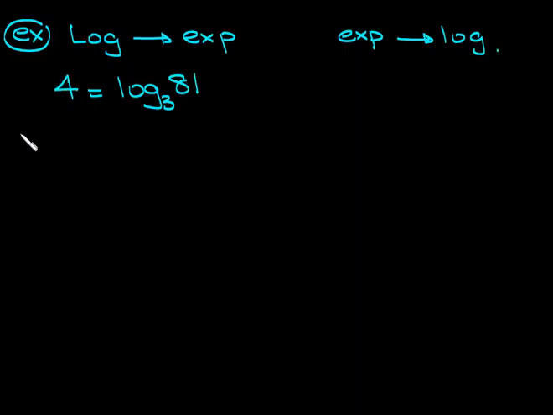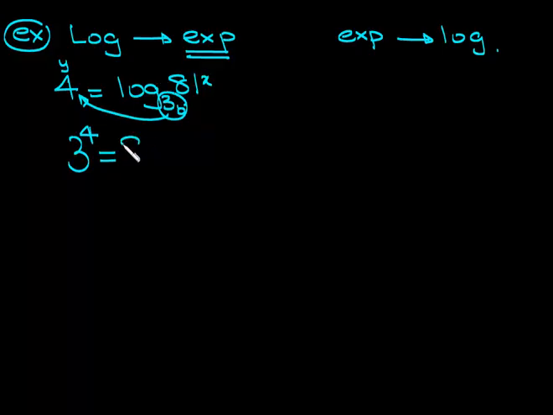I have a log expression, and I want to write this without logs. I want to write it as an exponent. Using the first property of logs, this is your y, this is your x, this is your b. This base becomes the base of this number. So this becomes 3 to the 4 is equal to, and then you just drop the log term, we get 81. So we wrote that as an exponent.